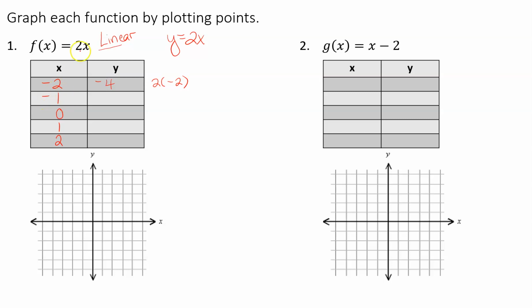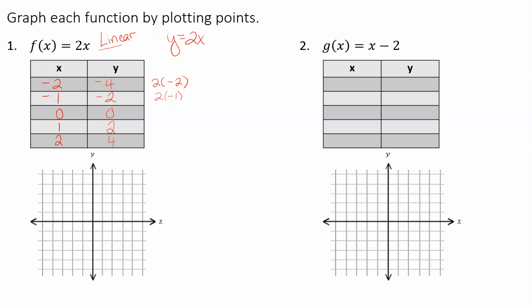If x is -1, we're going to do 2 times -1, which would make that -2. If you don't feel like you need to write that out, it's okay here on this simple example to do the multiplication in your head. So 2 times 0 is 0, 2 times 1 is 2, and 2 times 2 is 4.